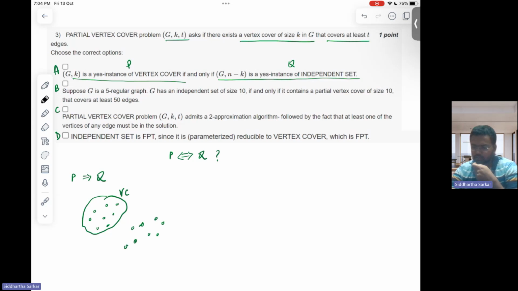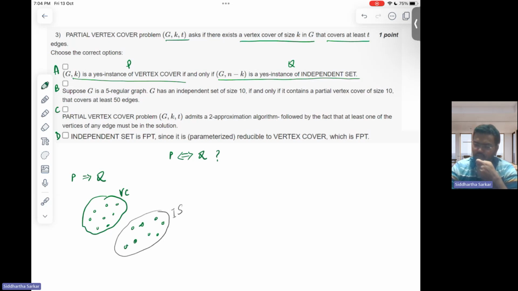This we had discussed last class also. If there is an edge between two vertices which are not in the vertex cover, then the definition of vertex cover itself is violated, because this edge is not covered. Therefore, all the vertices which are not in the vertex cover form an independent set.